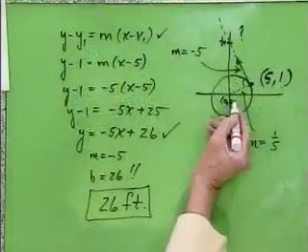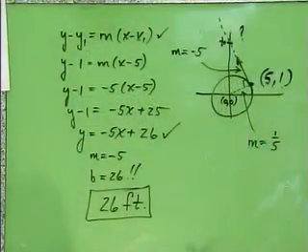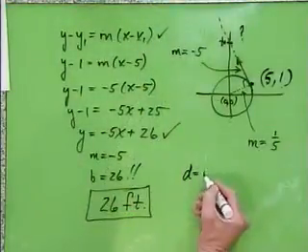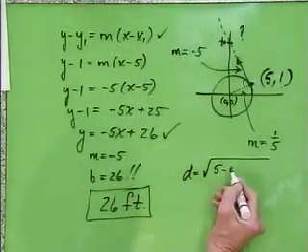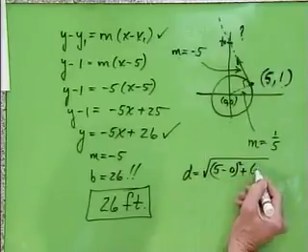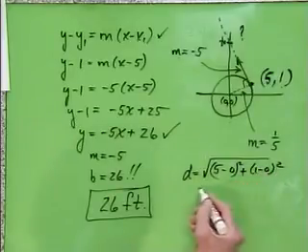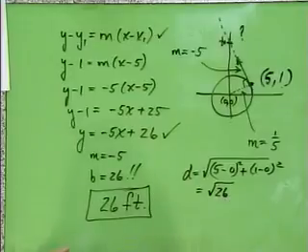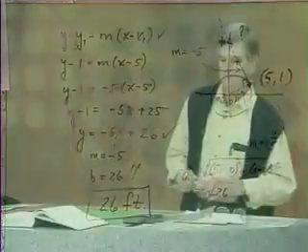So how can I get the length of the radius from 5, 1 to 0, 0, where David is? Using a formula from this episode. Distance formula. Very good, the distance formula. Okay, so the distance, which is the radius, would be the square root of 5 minus 0 squared plus 1 minus 0 squared. And I think when you work that out, you get the square root of 26. So it's a little over 5 feet.